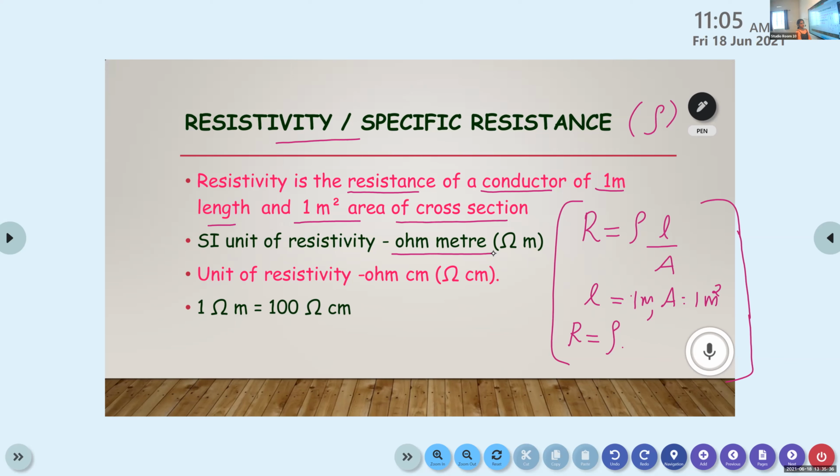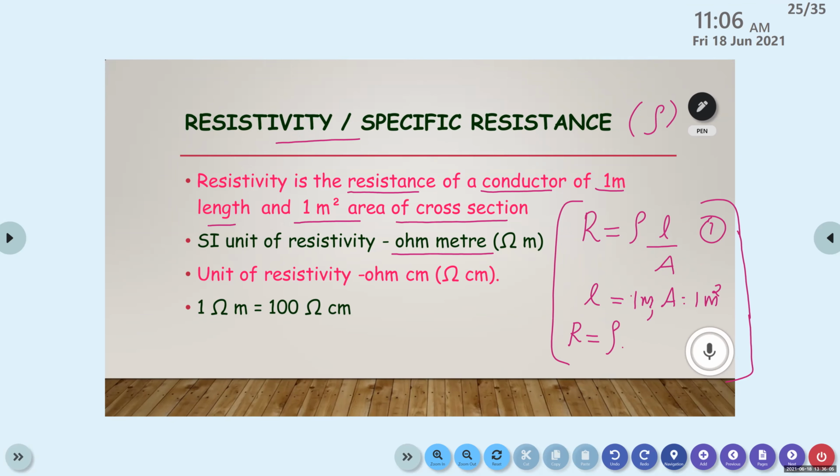We can write rho equals R A by L. You can also write L equal to 1 meter and A equal to 1 meter square, and this equation becomes rho equals R. Then the SI unit of resistivity is ohm meter.